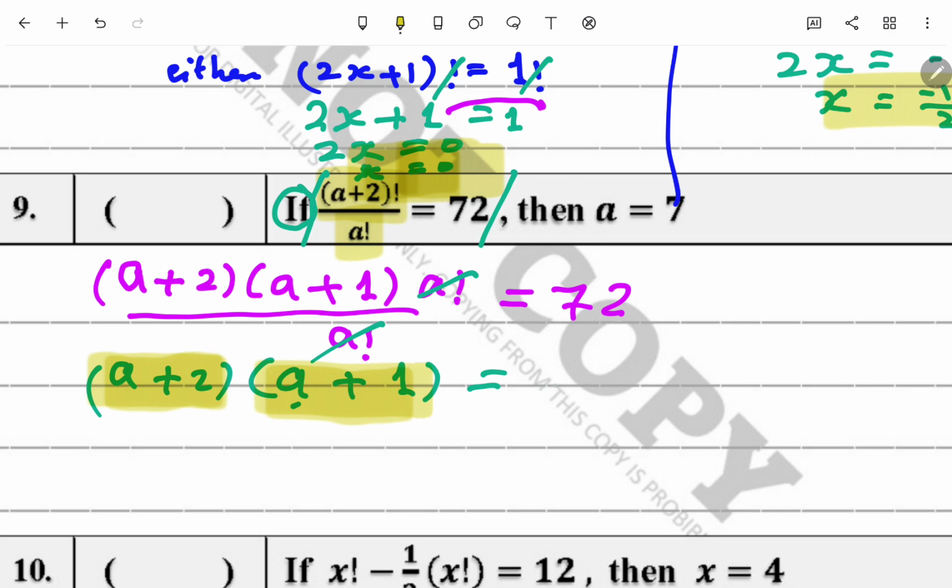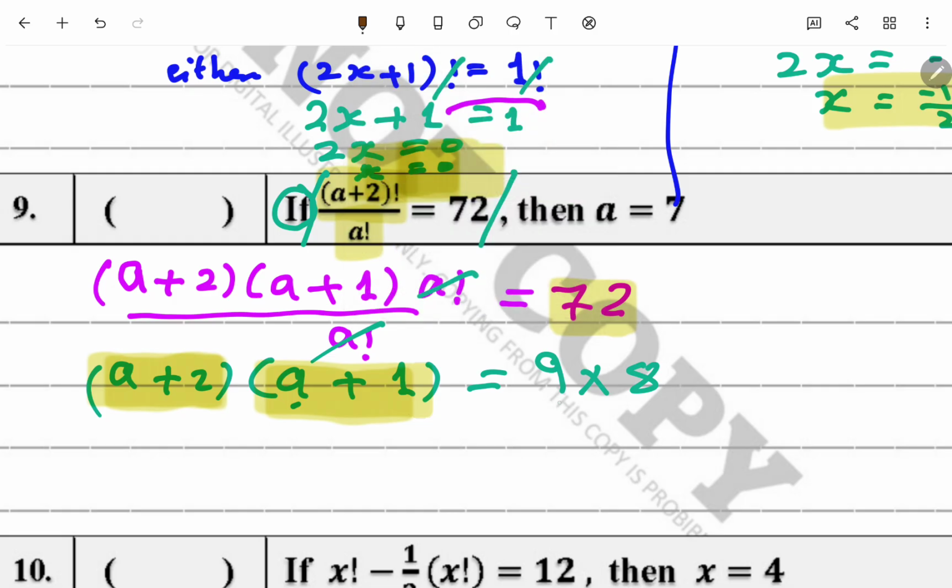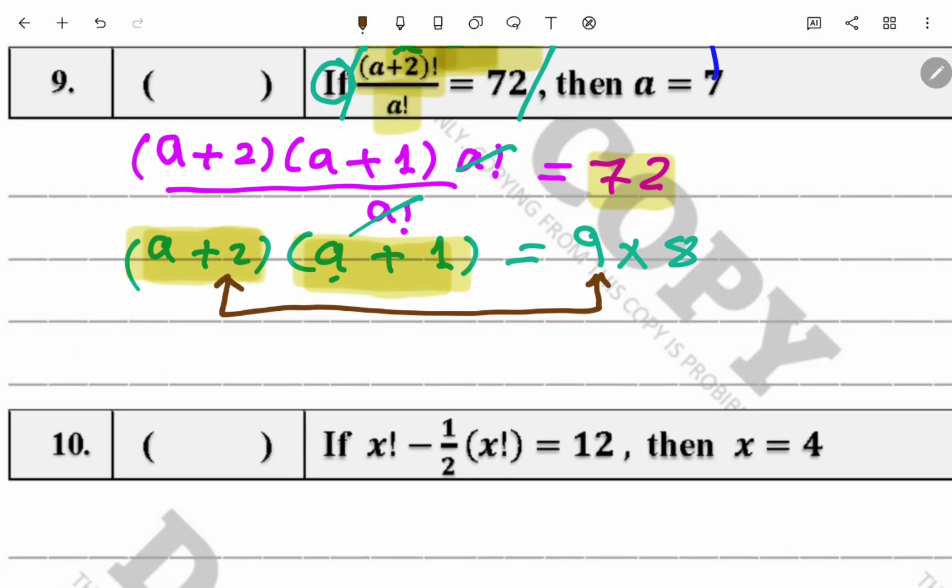So think in an easy way about 2 factors that will give you 72. You can find 9 and 8, and that can help you equal the biggest with the biggest. Take 9 and equal it to a plus 2, or you can take 8 and equal it with a plus 1. It's enough to deal with one of them, because you will get the same value for a.